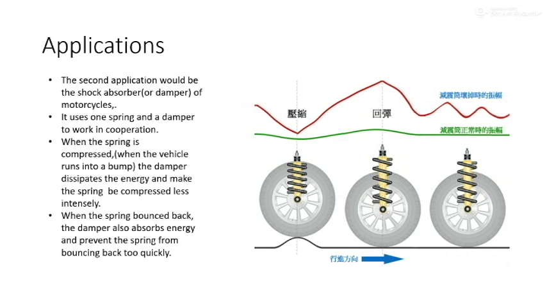And when the spring bounces back, the damper also absorbs energy and prevents the spring from bouncing back too quickly and makes the driver more comfortable while riding a motorcycle or driving a car.